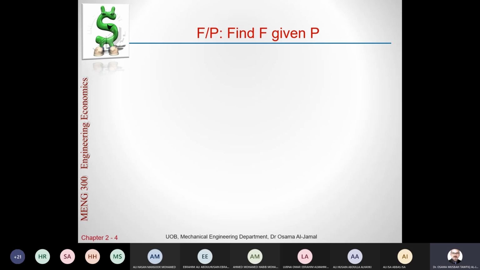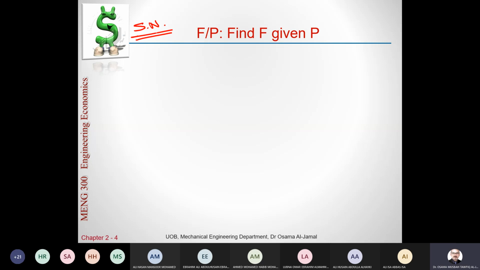Because as I told you before, we're not going to work with only one cash flow. We're going to have many of them, which means combining them. If you got a wrong answer, you're going to lose everything. That's why we always ask the student to write the standard notation.